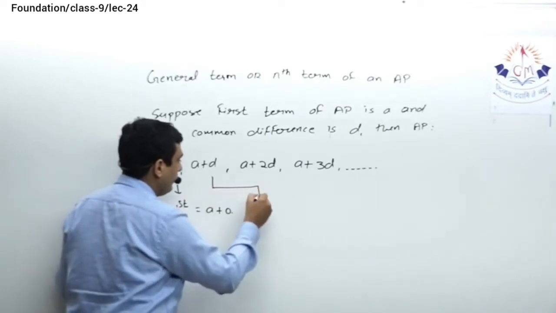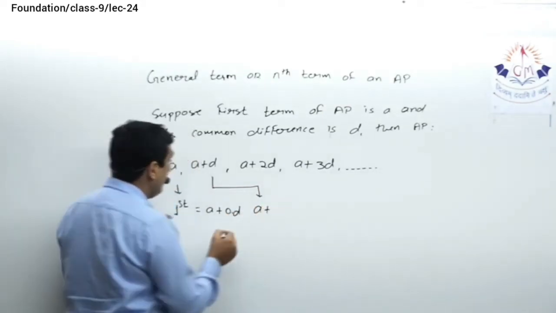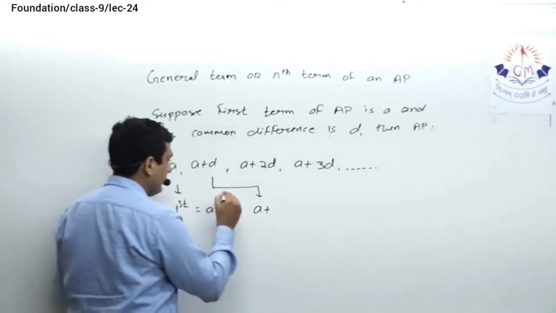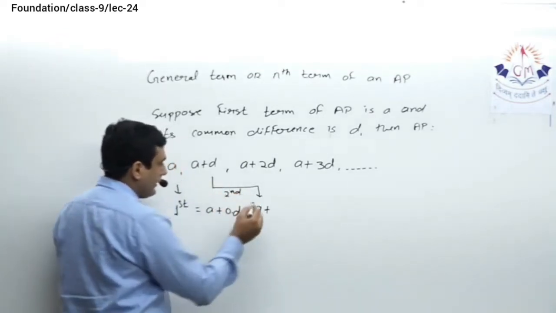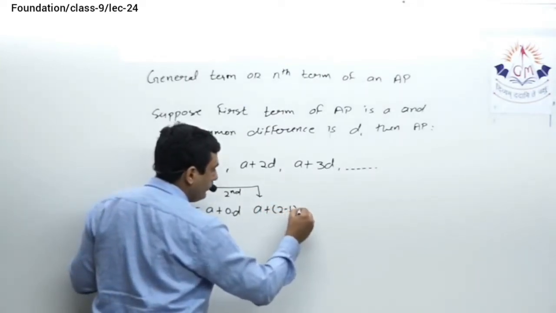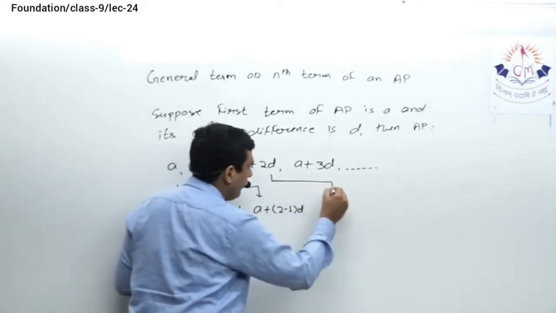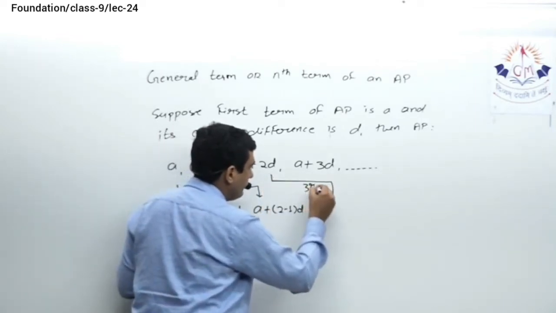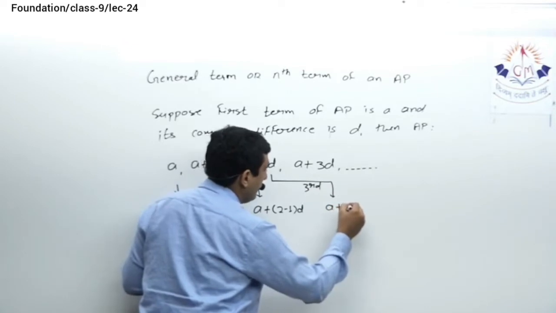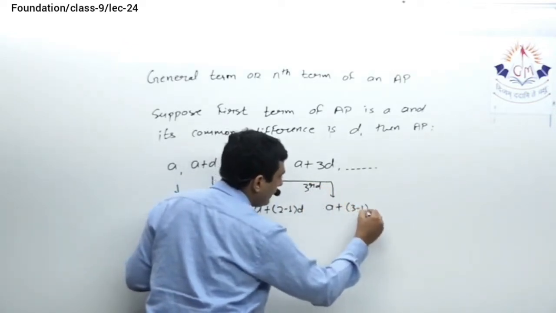Now when I talk about the second term, it is A plus D, and in the second term the coefficient of D is 1, it is 2 minus 1 into D. Now in the third term, if you observe, it is A plus 2D, the coefficient of D is 2, which is 1 less than its position, 3 minus 1.